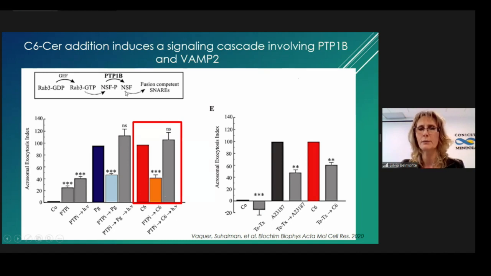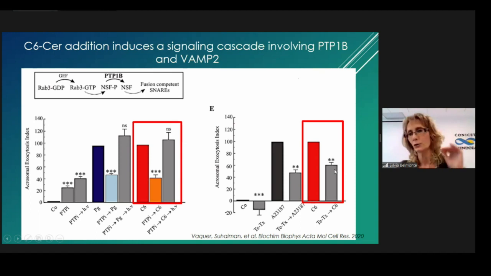O sea que la ceramida necesita esta fosfatasa para producir SNAREs competentes para la fusión. Ahora bien, también cortamos VAMP o sinaptobrevina con toxina tetánica y vimos que se inhibió en forma significativa la exocitosis inducida por ceramida. Así que tanto VAMP como la PTP1B son necesarias para que la ceramida induzca la exocitosis.